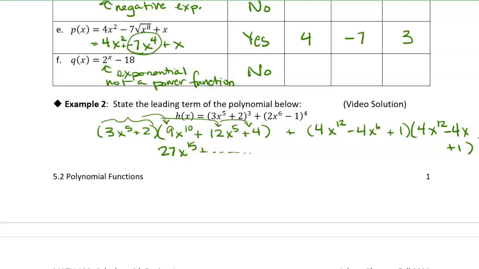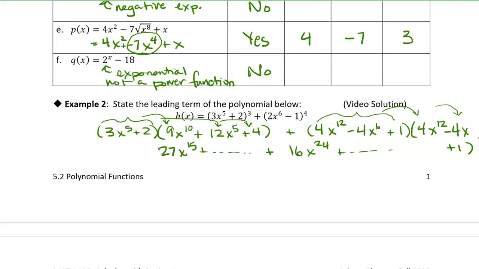All right, and I can do the same thing over here. If I really wanted to work all this out, I'd have to take this whole thing times each one of the terms in the second factor and distribute it. But I only care about the leading term. The leading term, the one with the highest power over here, is going to be 4x to the 12th times 4x to the 12th, which is going to be 16x to the 24th, and then plus a bunch of other stuff where the power of x is going to be lower.